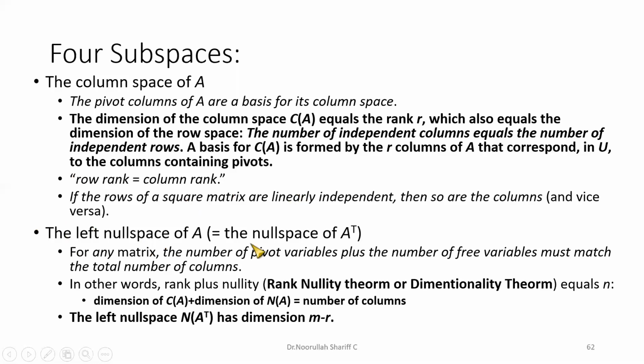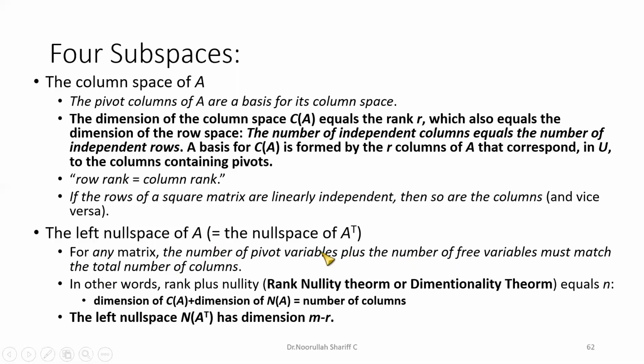The left null space of A is the last of the four subspaces, and that is generally the null space of A transpose. For any matrix, the number of pivot variables plus the number of free variables must match the number of columns. We've seen that if we reduce a matrix A, then we will get some pivot columns and some free columns. The pivot columns give us the pivot variables, and the free columns give us the free variables.